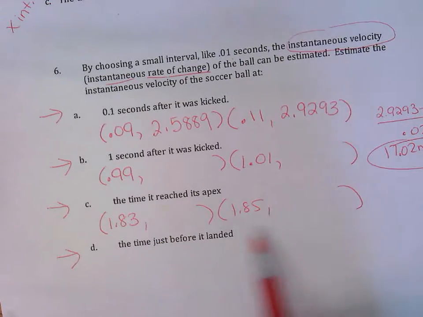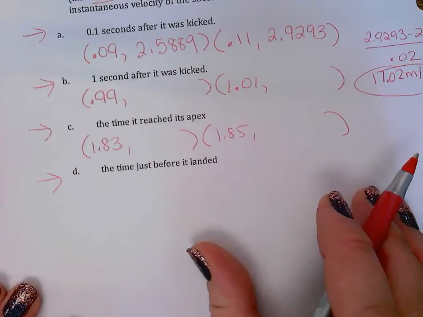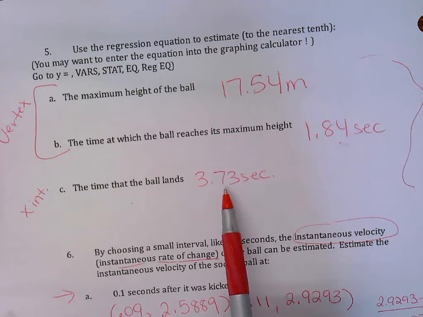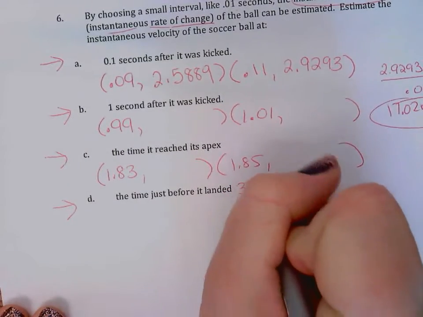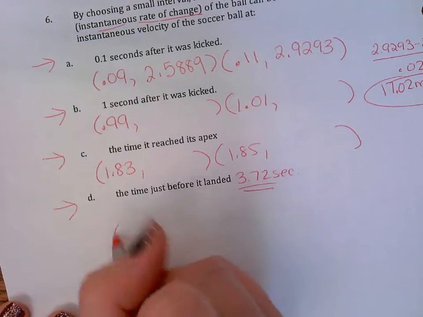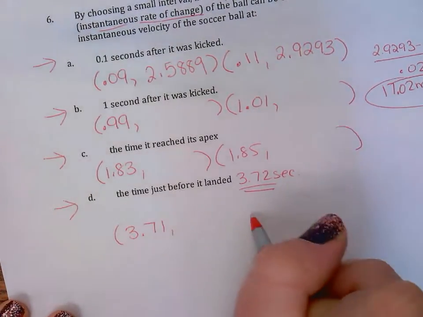That will give you the instantaneous velocity at 1.84, because that's directly in between those 2 closely related points. The time just before it landed, if it landed at 3.73, let's go back to 3.72. So if we want instantaneous at 3.72, we're going to do 3.71 and 3.73.